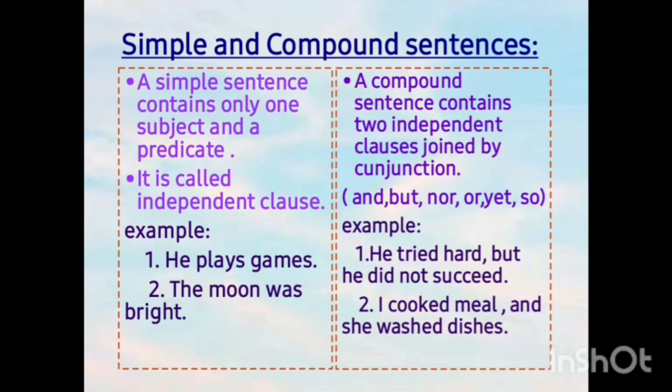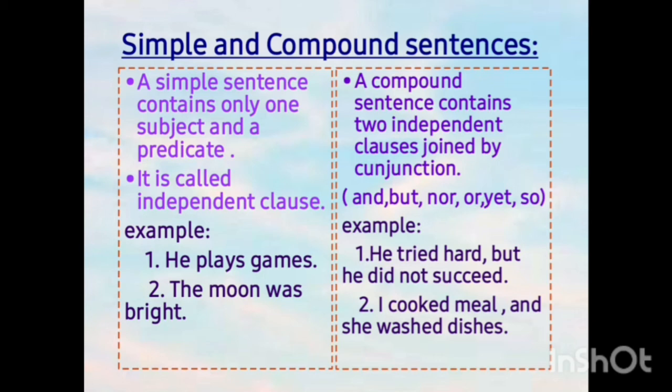Compound sentence. A compound sentence contains two independent clauses joined by a conjunction: and, but, nor, or, yet, so. Here are some examples. He tried hard but he didn't succeed. Number 2, I cooked meal and she washed dishes. Let's have a look.